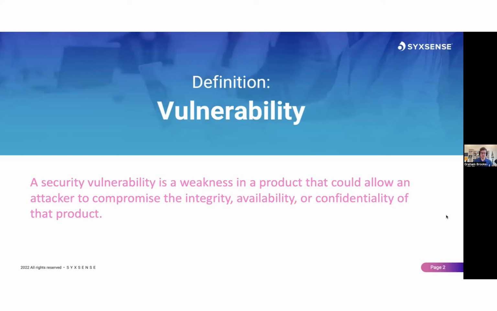That weakness in how it was built allows someone else to compromise that product, feature, or function and gain access to things they shouldn't have access to. That's the confidentiality, integrity, and availability aspect. All right, so that's what a vulnerability is.